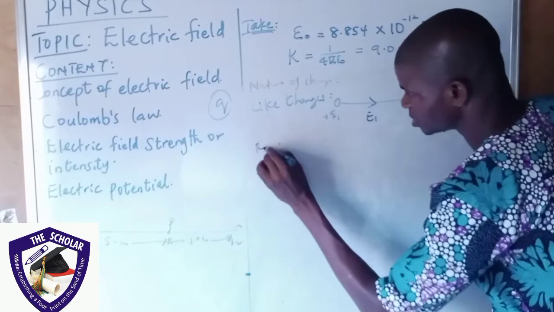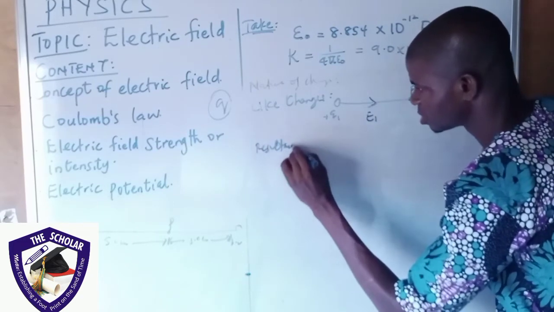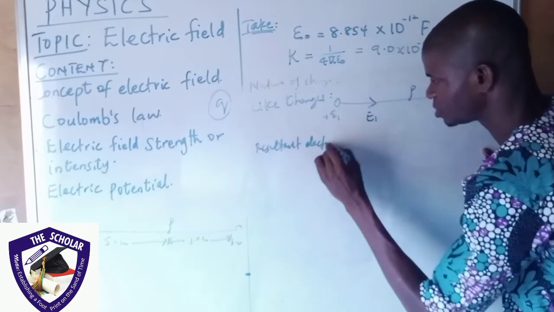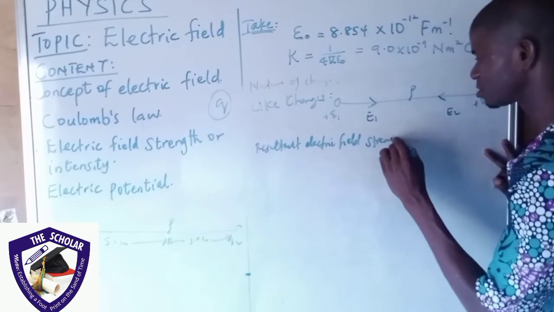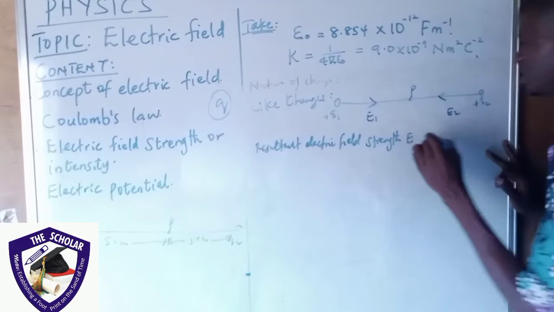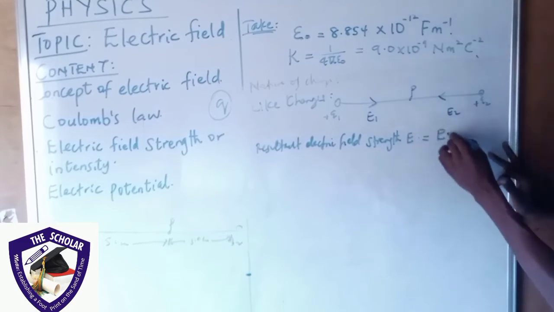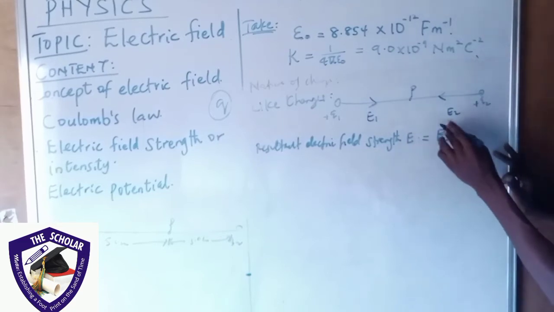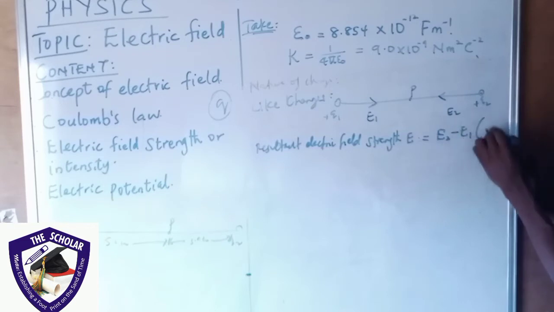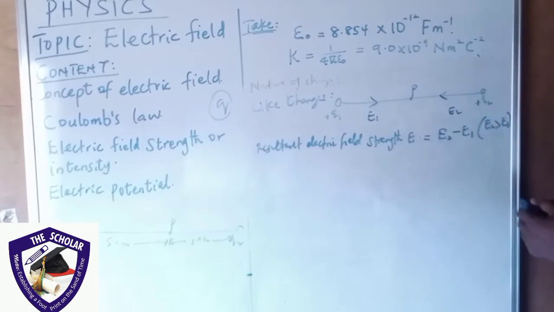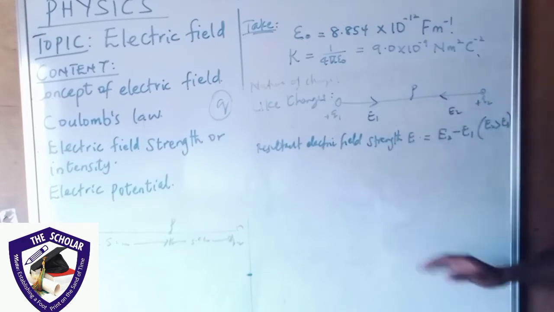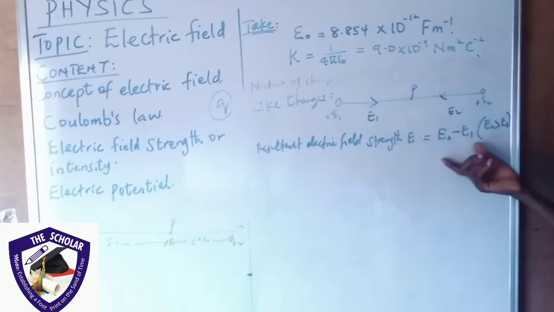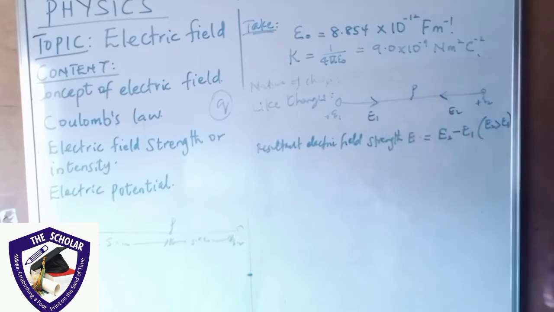So our resultant electric field strength, that is our E, is equal to E2 minus E1, provided that E2 is greater than E1. That is for the first one. So for like charges, they repel each other, and their resultant will be the subtraction of the electric field intensity of each of them.